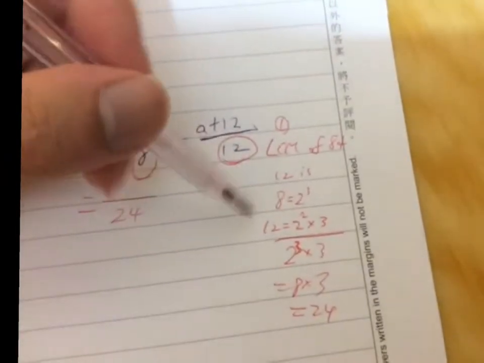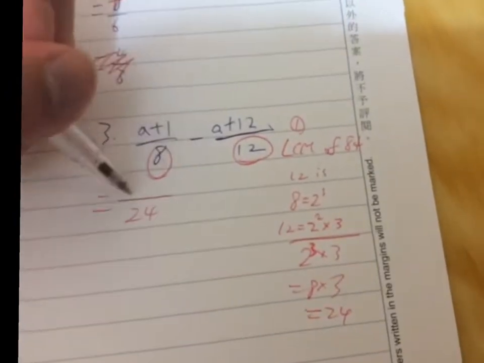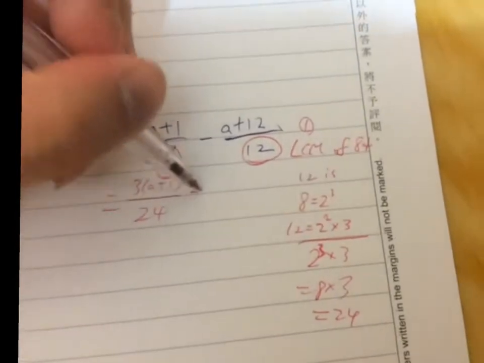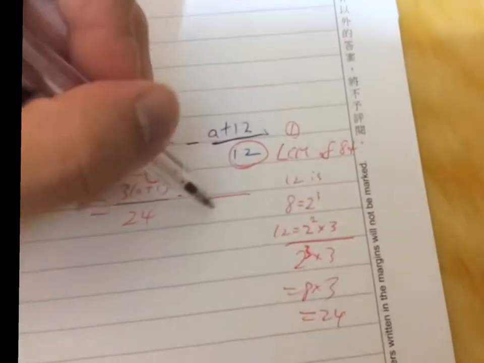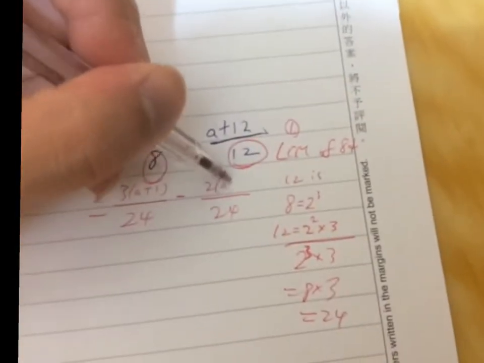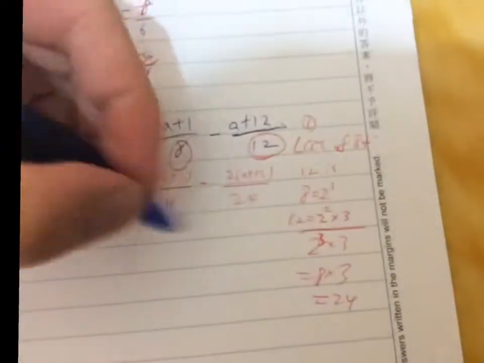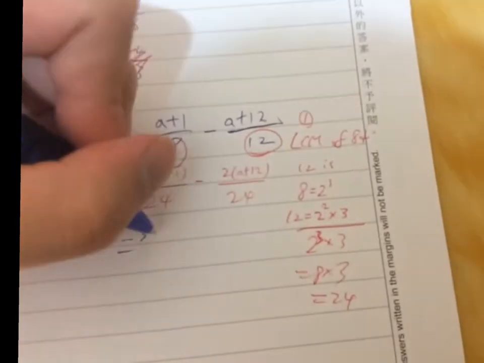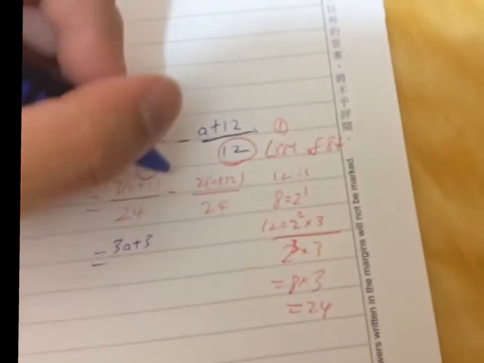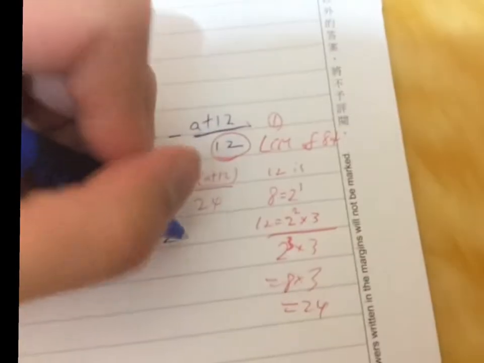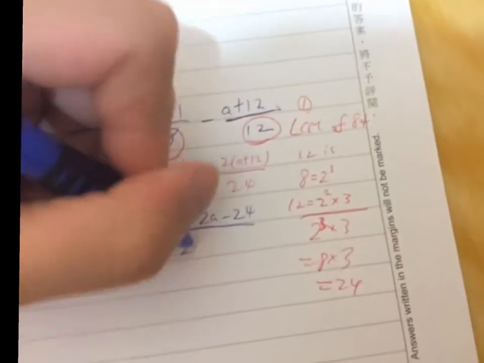For 8 to 24, you need to multiply by 3. All the numerator you need to multiply by 3. And for 12 to 24, you need to multiply by 2. So you can then combine this: 3a plus 3 minus 2a minus 24, over 24.